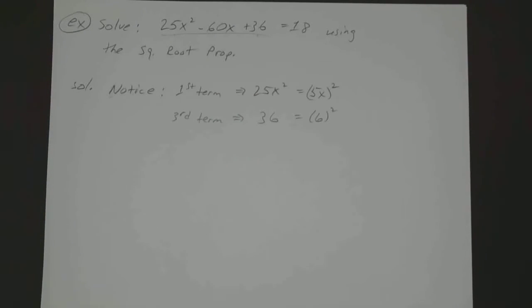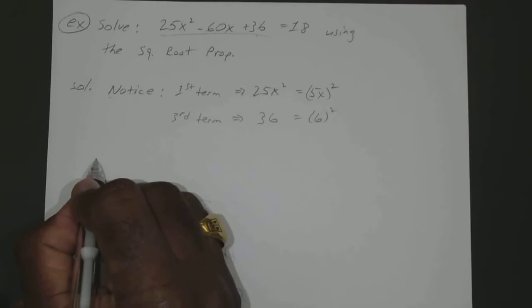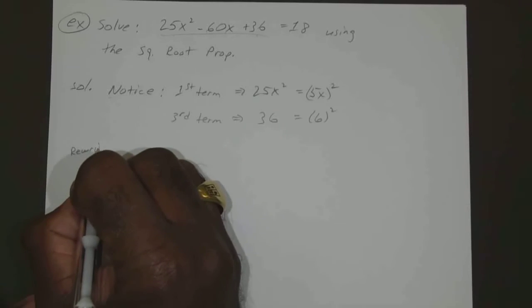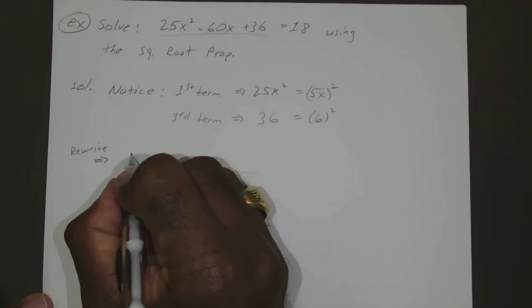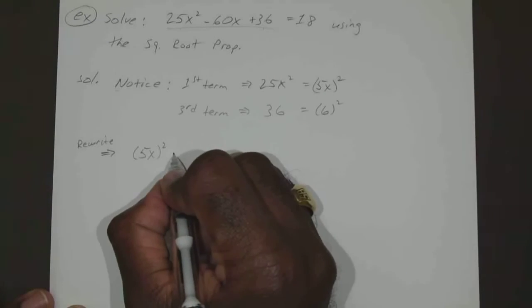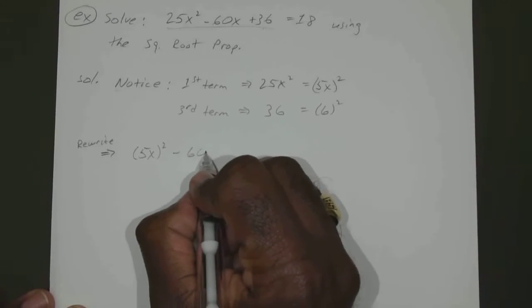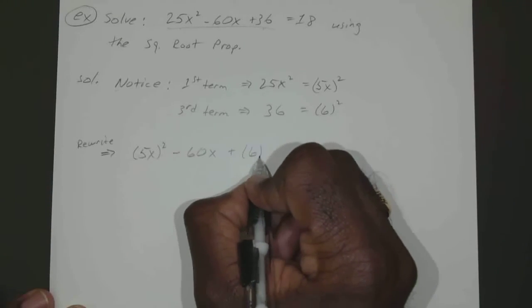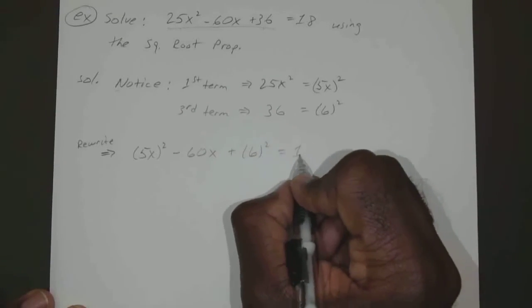Okay. So if we rewrite it, that gives us (5x) squared minus 60x plus 6 squared equals 18.